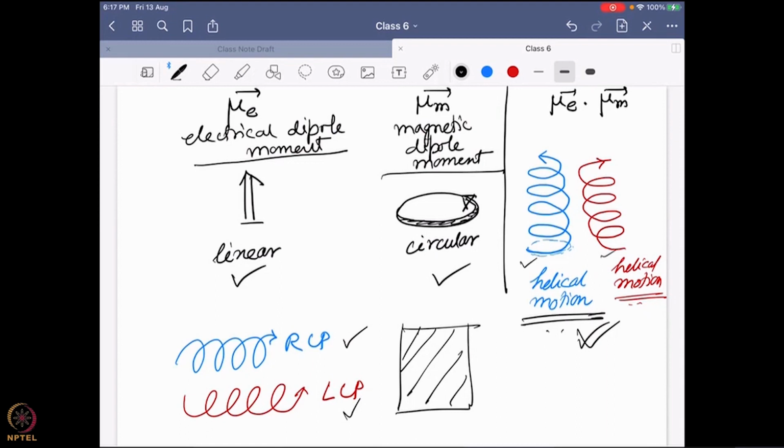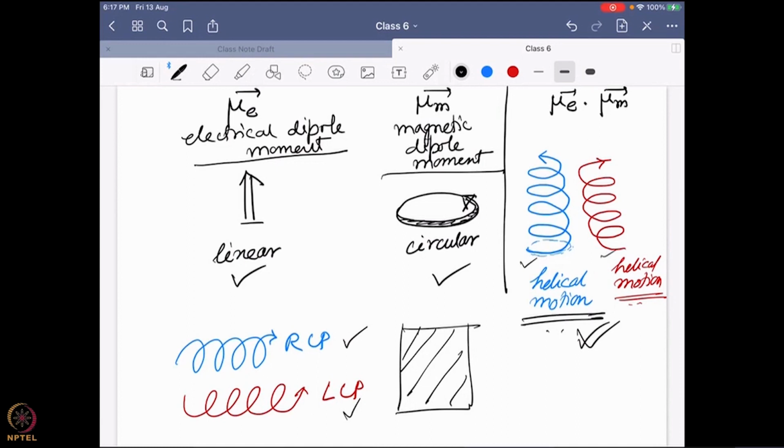And depending on that, it can not only differentiate, but it can absorb them differently. That means it is going to show circular dichroism or ellipticity, or it can allow one of them to go fast or slow the other one down due to the interaction and create the optical rotation due to circular birefringence. So that is the main reason what is actually giving optical activity.